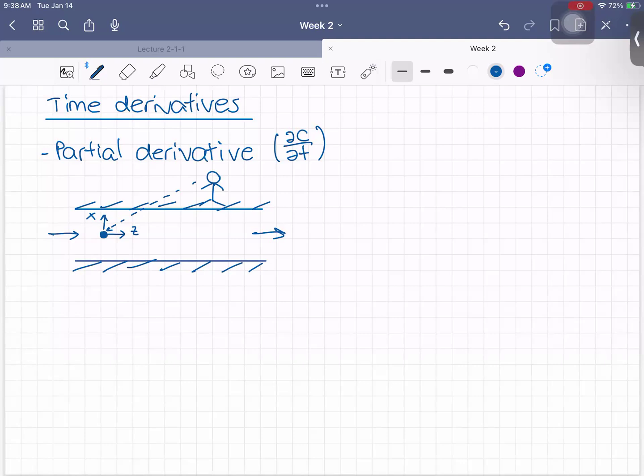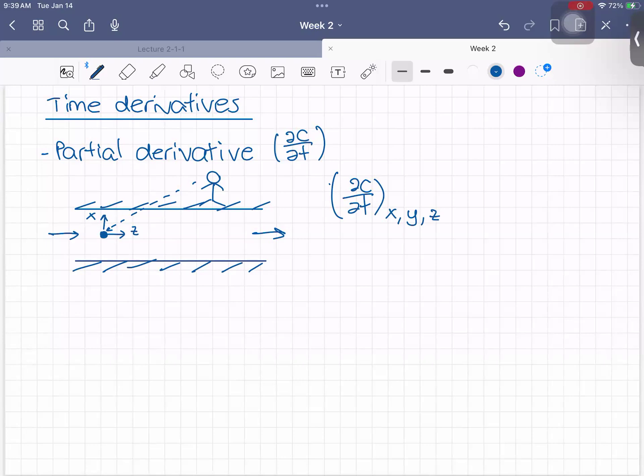And the position of the observer is fixed, so he is not moving, okay? And he's going to see a variation in concentration with time, okay? So right here, dC by dt, I can say that x, y, z are constant. It means that the position of the observer at x, y, z is constant. So he's not moving. He can just see the concentration change with time.